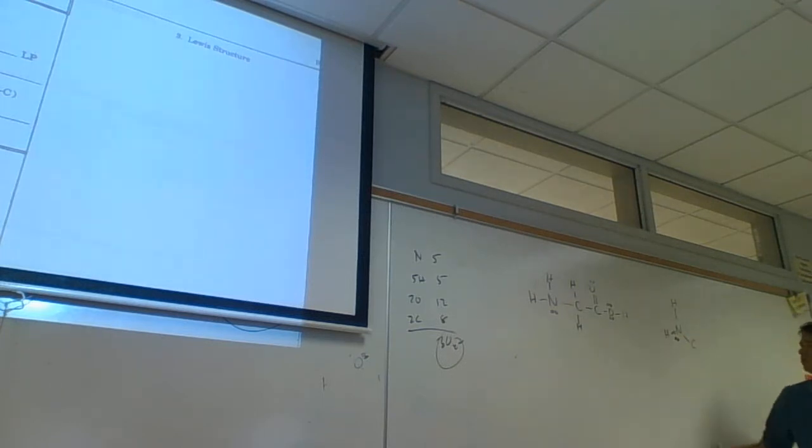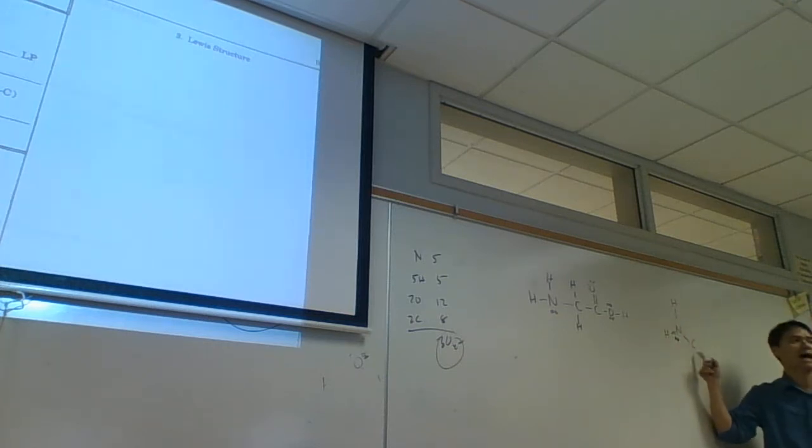We're going to use a blue one, and you're going to put three long sticks and one short stick. The short stick will be the lone pair. Then you'll put two whites and one black.